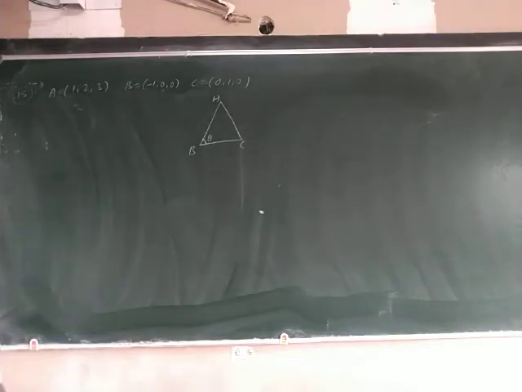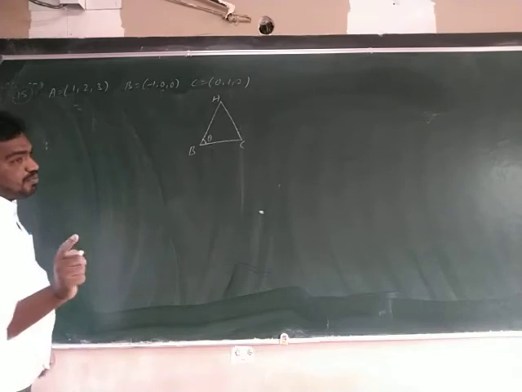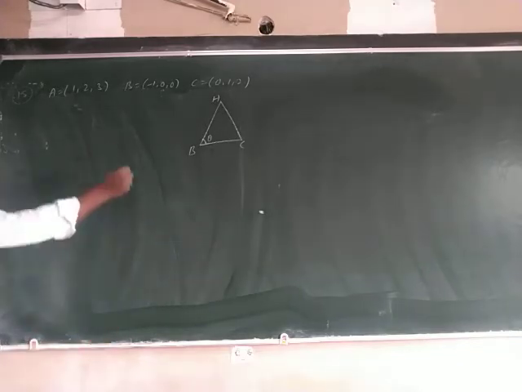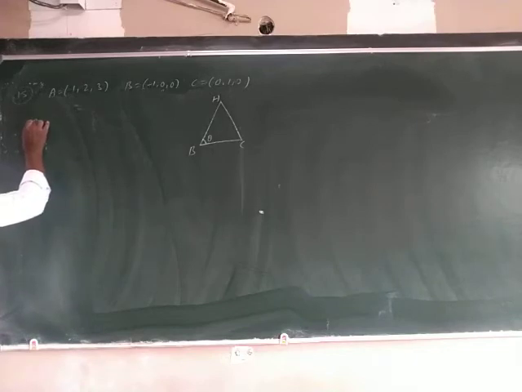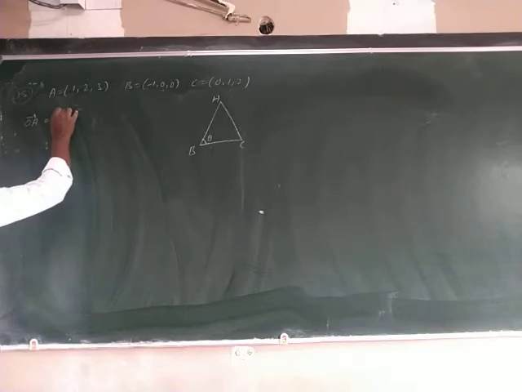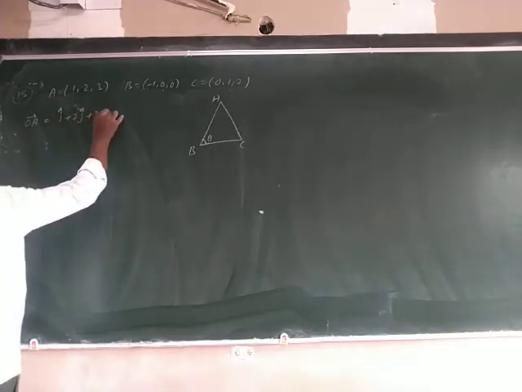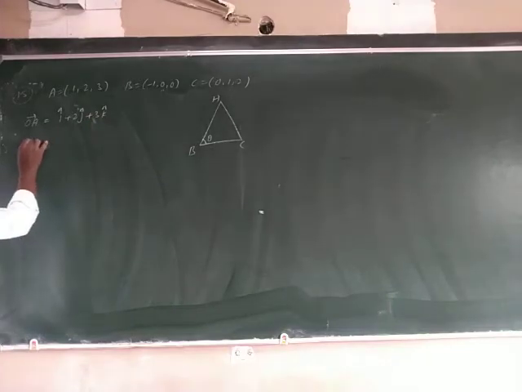You see, first you write the position vectors of the given points, the vertices. The position vector of A is represented with OA. OA is equal to i cap plus 2j cap plus 3k cap.